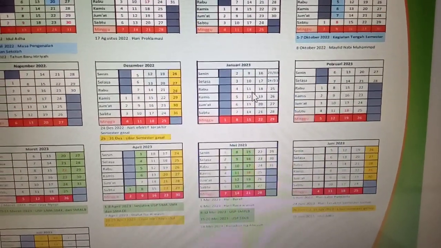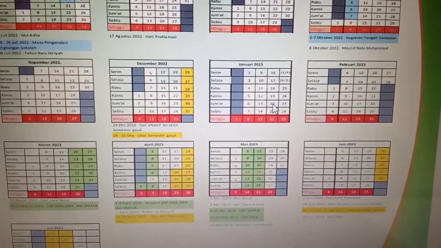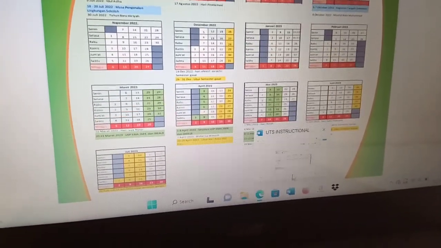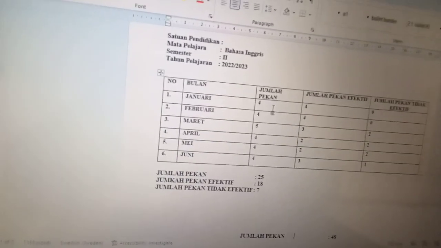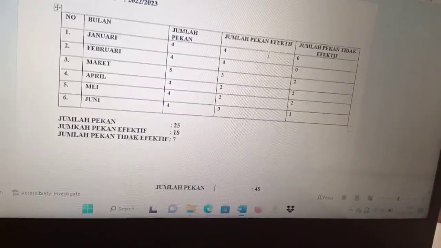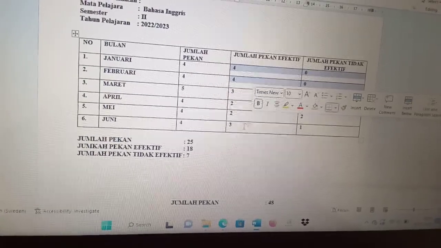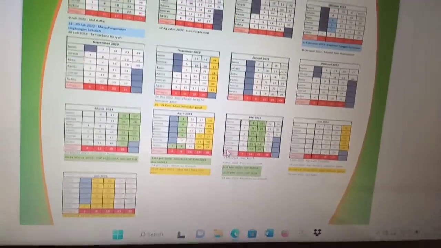And these 4 weeks, as you can see here, they are all effective weeks. So again, we start this with January 4 weeks minus 4 effective weeks equal to 0 ineffective week.